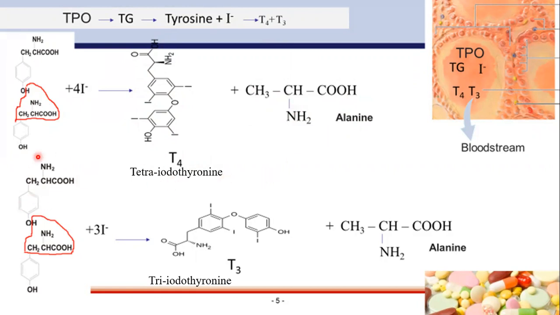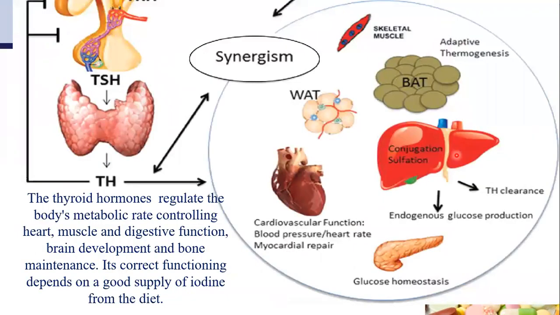And from two molecules of tyrosine and three atoms of iodine synthesize triiodothyronine, or T3, and one molecule of alanine. Okay, and these hormones enter the bloodstream.